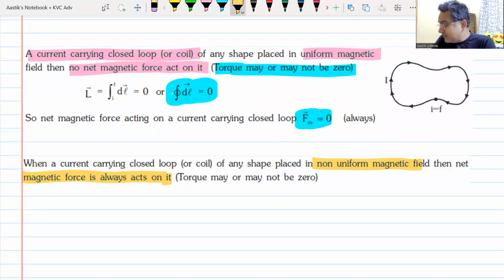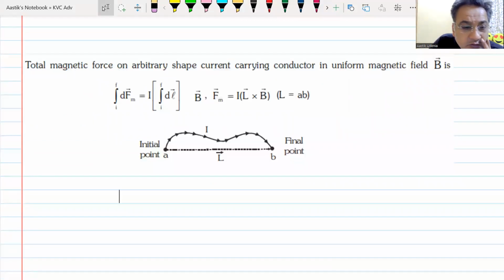Now we have seen that the net force acting on a closed loop is 0. Now this concept can be used to find out the force on any arbitrary shape current carrying conductor.